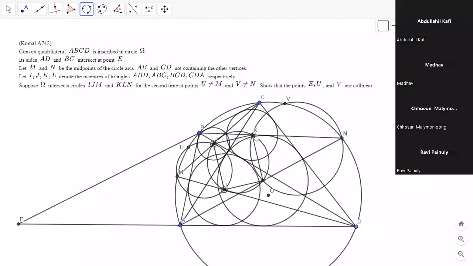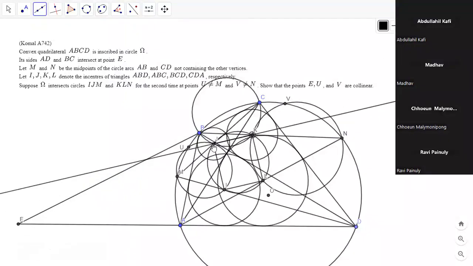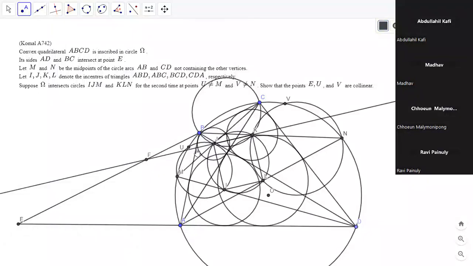So we have this rectangle, and then we have the circumcircle ABC. So basically, if we let JK meet at a point, then this point has the same power with respect to ABC and this circle. Although I'm not sure how helpful that is.